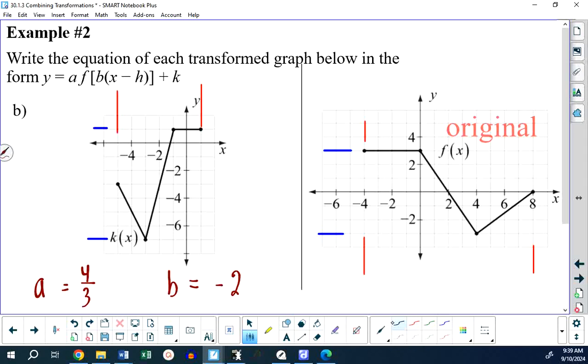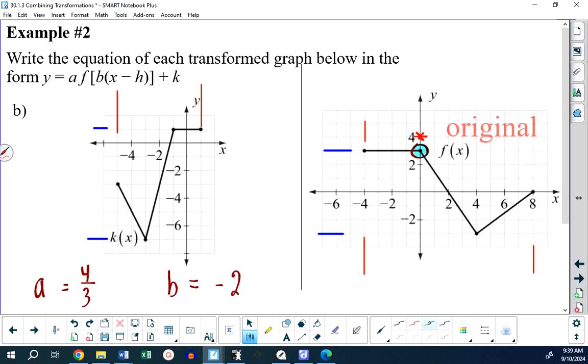I'm going to choose to focus my attention on this point here, the point that I've highlighted in blue. If I stretch that point vertically by 4/3, where does it land? Well, right now it's 3 away. 4/3 of 3 means it's going to land at this red asterisk. I am going to now stretch that horizontally by a factor of 1/2.